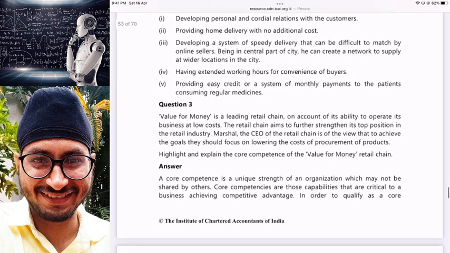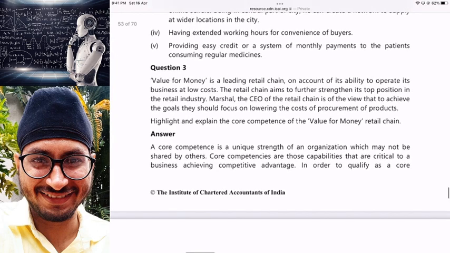Next, question number 3. Value for Money is a leading retail chain on account of its ability to operate its business at low cost. The retail chain aims to further strengthen its top position in the retail industry. Marshall, the CEO of the retail chain, is of the view that to achieve the goals, they should focus on lowering the cost of procurement of products.